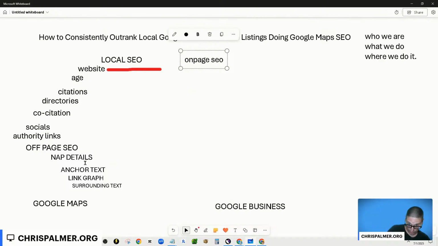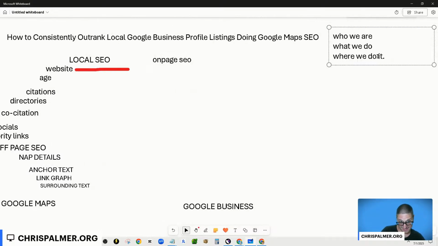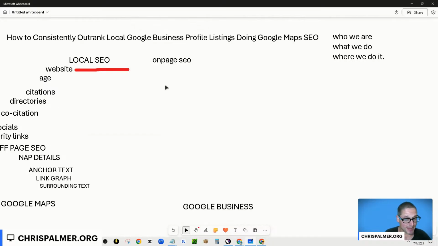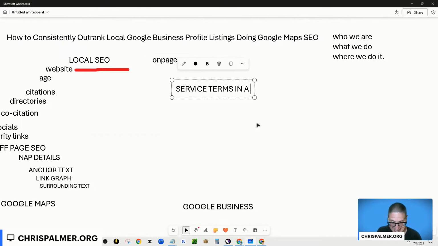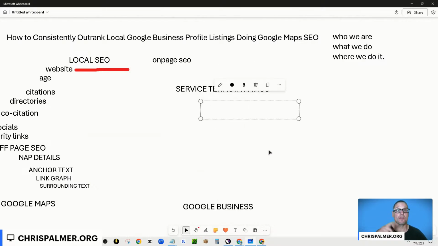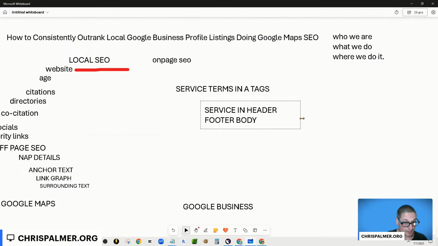So if I'm connecting all of these assets to reiterate these three things, and my GBP is going to reiterate these three things and point to my homepage, well, I want to make sure that when I'm doing my on-page optimization, that I am targeting primary service terms in A tags where I want to make sure that I talk about service in header, footer, body, right?